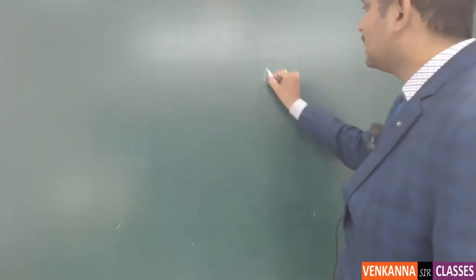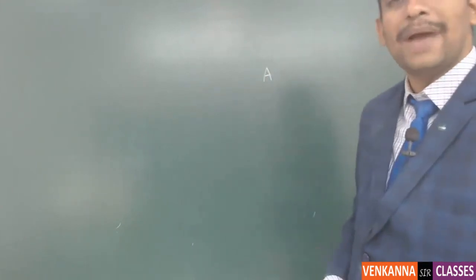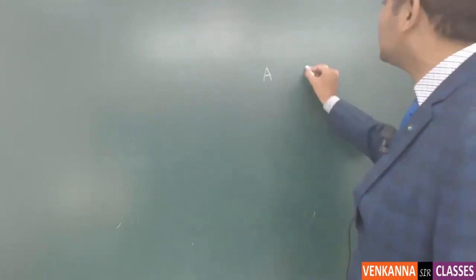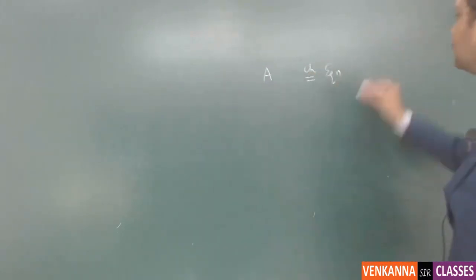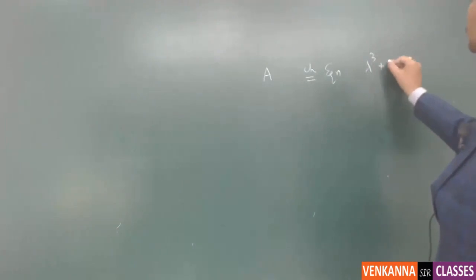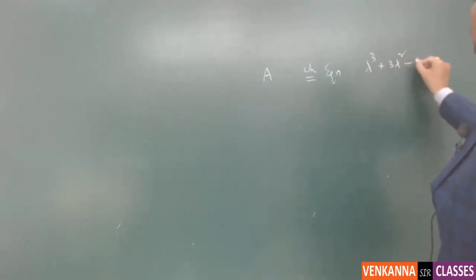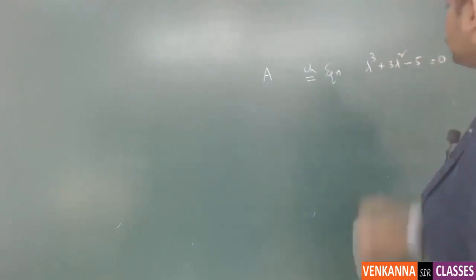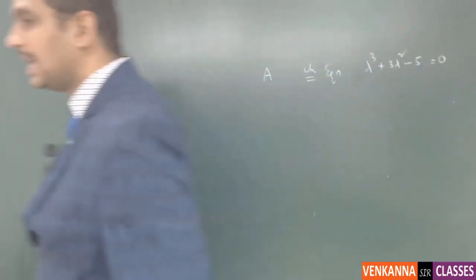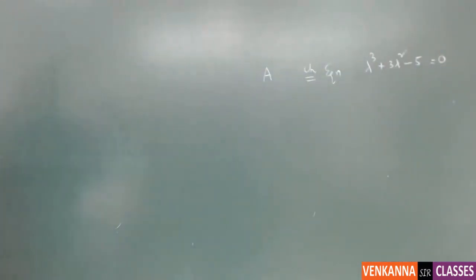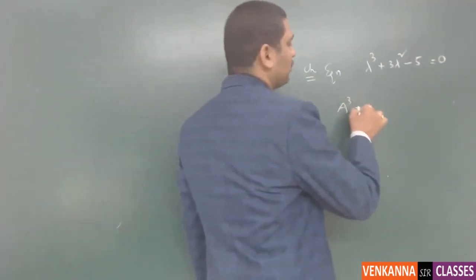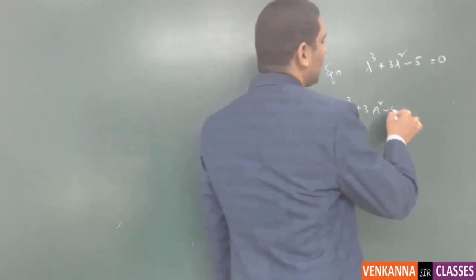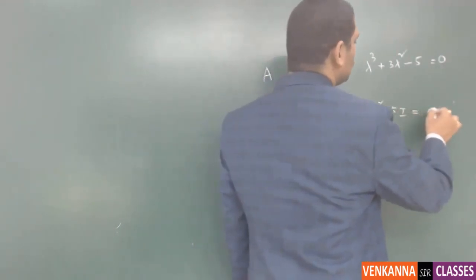So if A is a matrix and its characteristic equation is, say, lambda cube plus 3 lambda square minus 5 equal to 0, from this we can understand that A satisfies the equation A cube plus 3A square minus 5I is equal to 0 matrix.